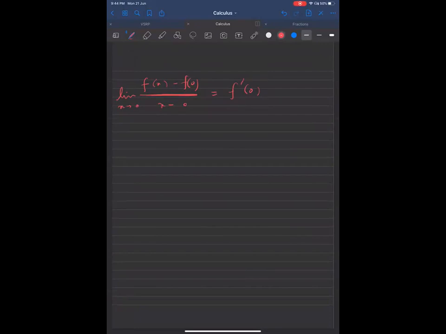Now f of 0 is 0, and x minus 0 is x. So the limit as x tends to 0 of f of x by x is really f dash 0. Okay, so this is what f dash is.